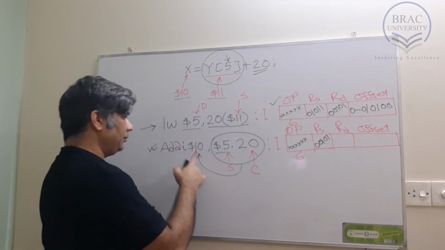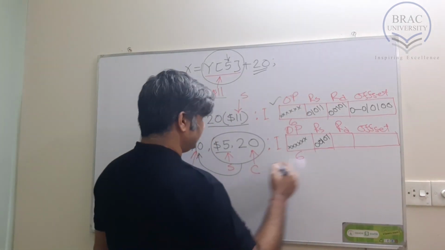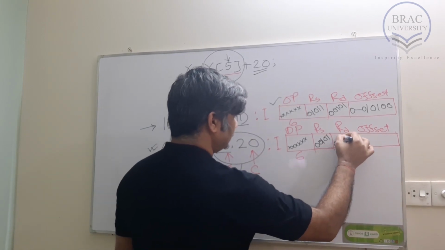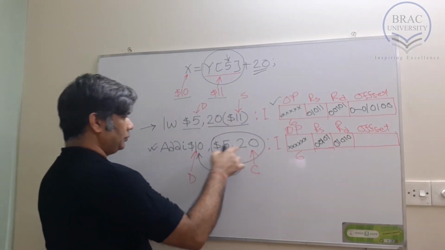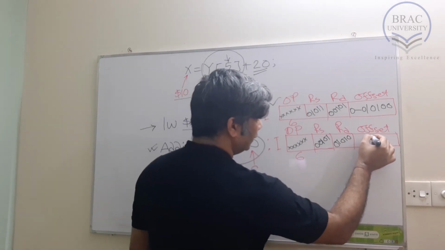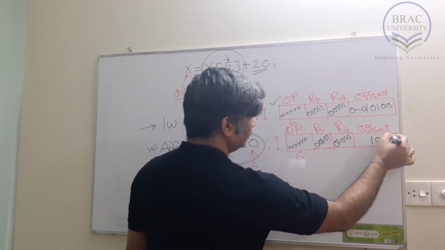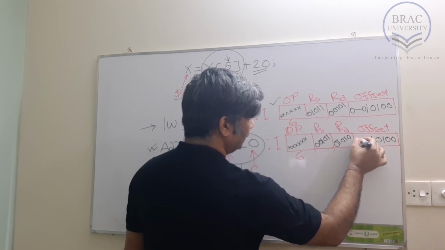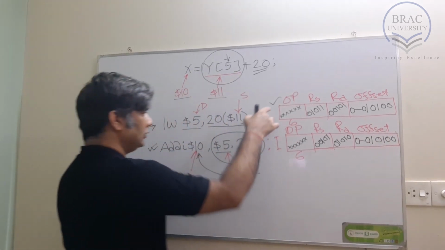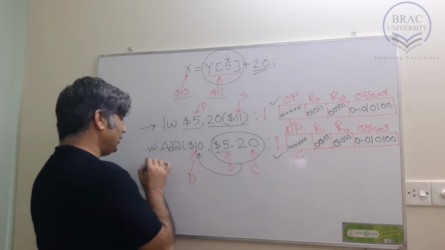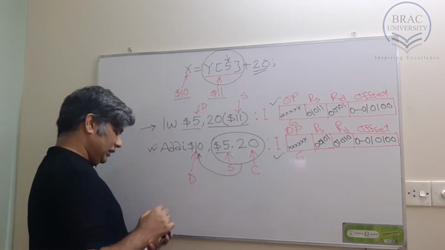This is our 5, and then our destination is 10, which is 0, 1, 0, 1, 0, and our offset is 20, again 1, 0, 1, 0, 0, and then the rest is 0. So this one is the encoded form of the add I instruction.